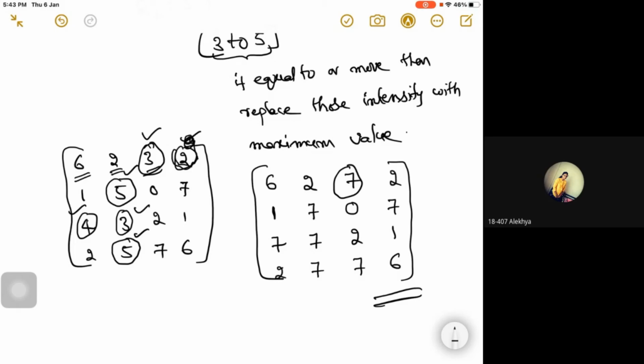So only 5 values changed, that is the 7 here and these two 7s. And this 7 was already 7, not belonging to the range, so the original value remains. So these are the modified pixel values for the given range.